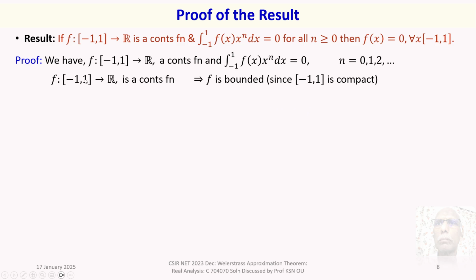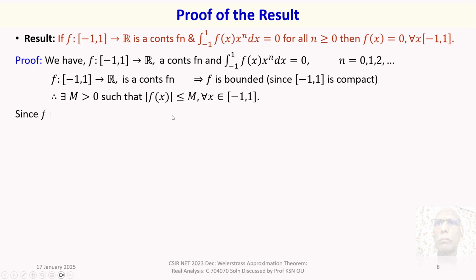So f is continuous on a compact set, therefore f is bounded. What do we mean by that? There exists a capital M greater than 0 such that mod of f(x) is less than or equal to M for all x belonging to minus 1 to plus 1.